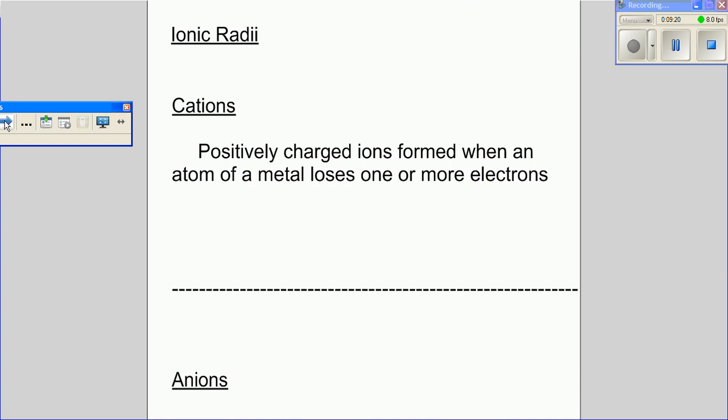As it loses the electrons, it will actually decrease the size because then you have fewer electrons and the protons are able to pull them in closer. And they can also be emptying out energy levels that are further away.